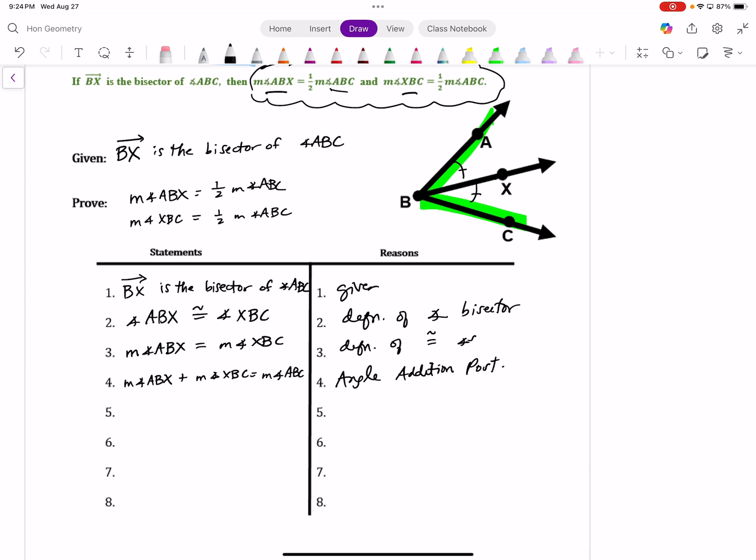Okay. If that's the case, then let's see what we can do right here. The measure of angle ABX is the same as the measure of angle XBC. So where we've got this measure of angle XBC, why don't we plug in the measure of angle ABX?